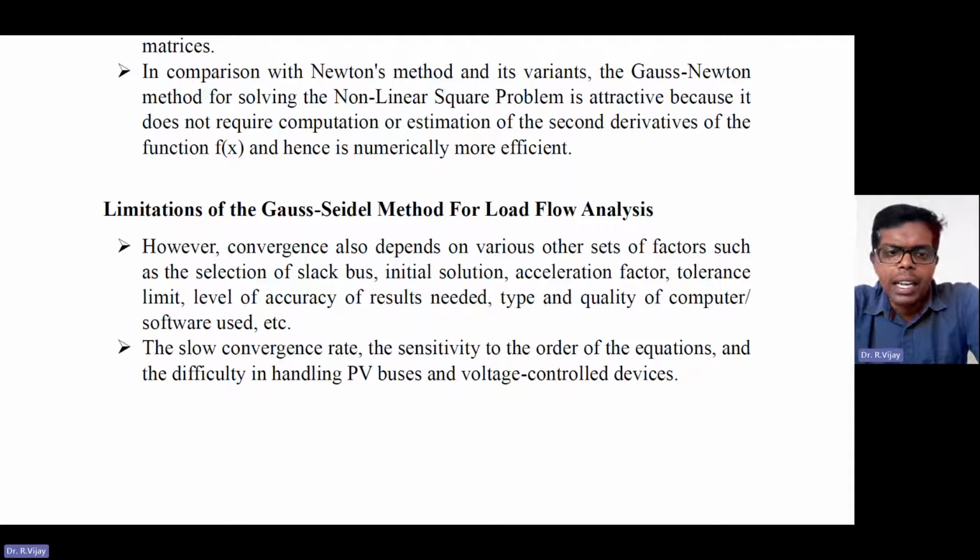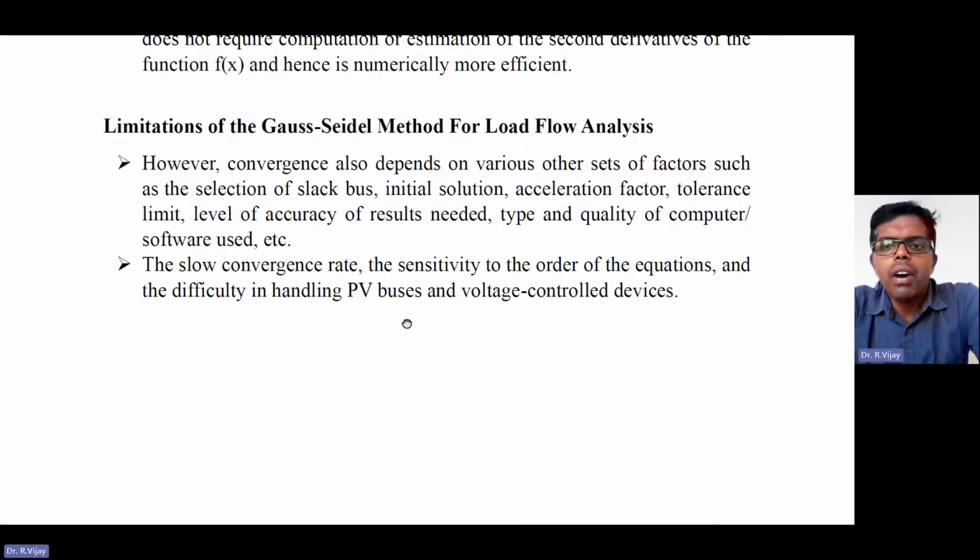Next, the slow convergence rate, the sensitivity to the order of equations, and the difficulty in handling PV buses and voltage control devices. These are some of the factors which limit the speed of the program.